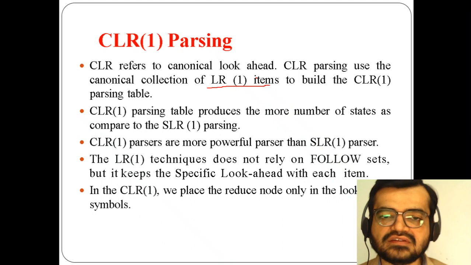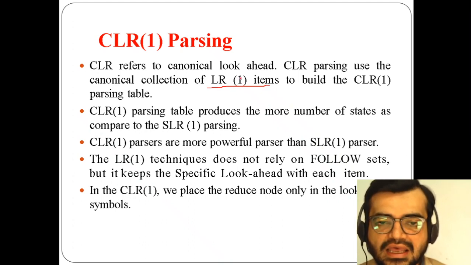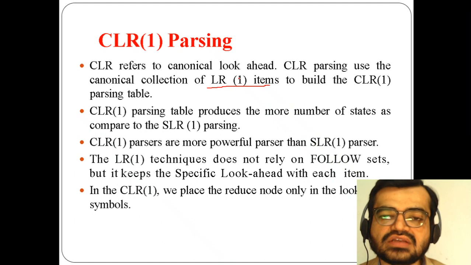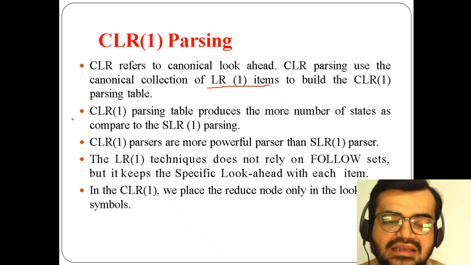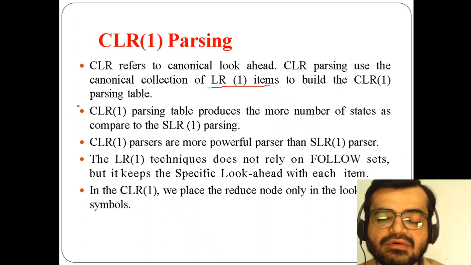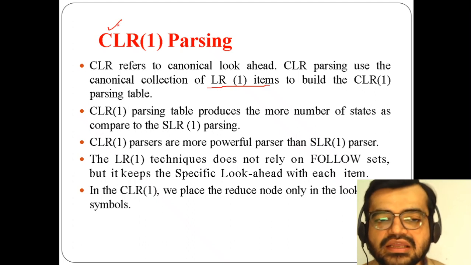Just now I said that in the previous two techniques we discussed, we are using LR(0) items, but here we are using LR(1) items. And as it uses a lookahead symbol, the number of states will increase when you compare with SLR(1) parsing. The highest number of states in the parsing table will be in CLR(1) parsing only.